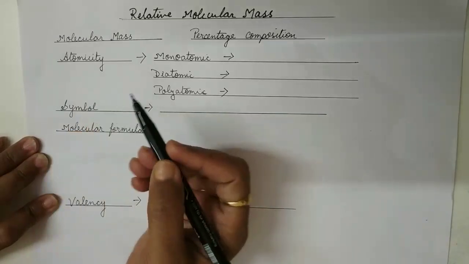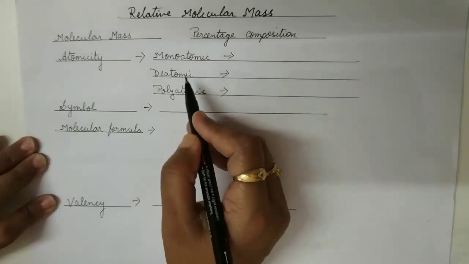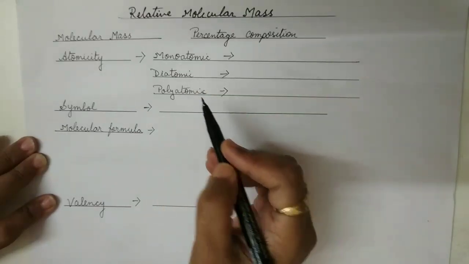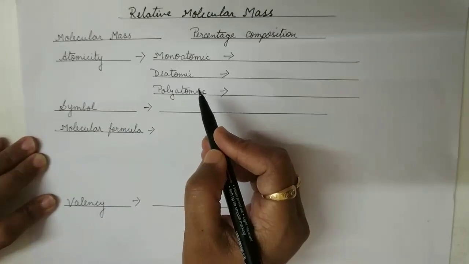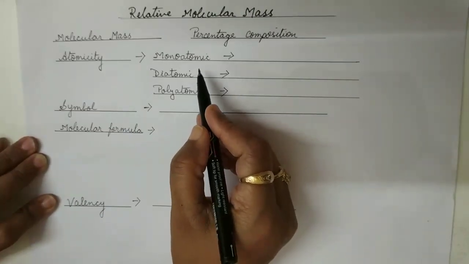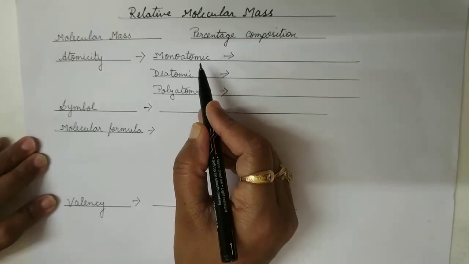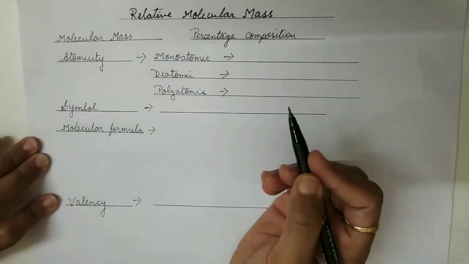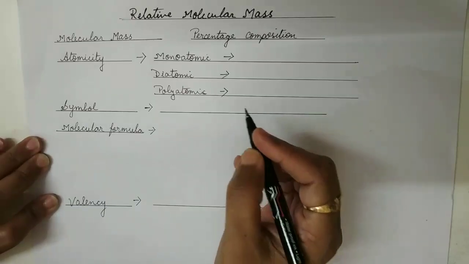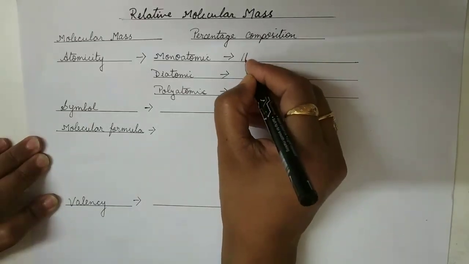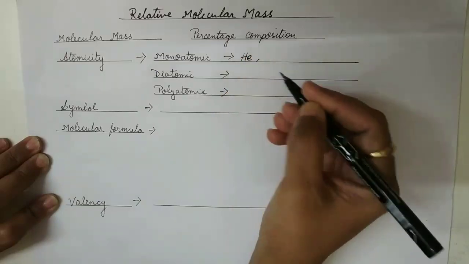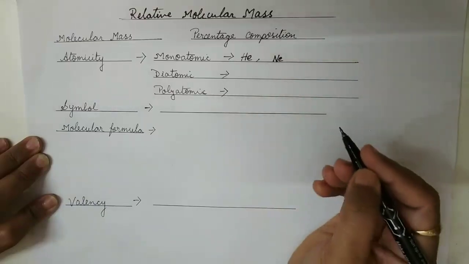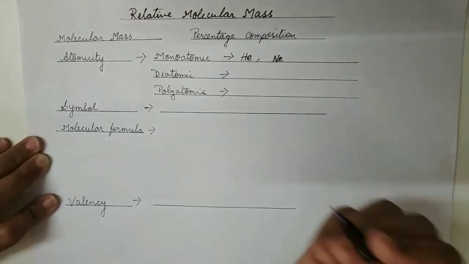And as you know, they can be monoatomic, diatomic, triatomic, polyatomic, which you have learned. So just to revise, monoatomic are the elements having one atom in their molecule, like say helium, neon, argon.